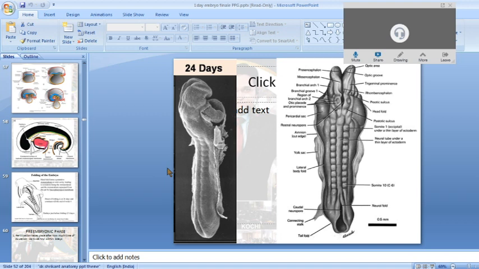The next two are the metencephalon and myelencephalon, which divide from the rhombencephalon. So these are the 5 secondary brain vesicles which develop from the 3 primary brain vesicles. Okay, so this is about the development of the central nervous system.